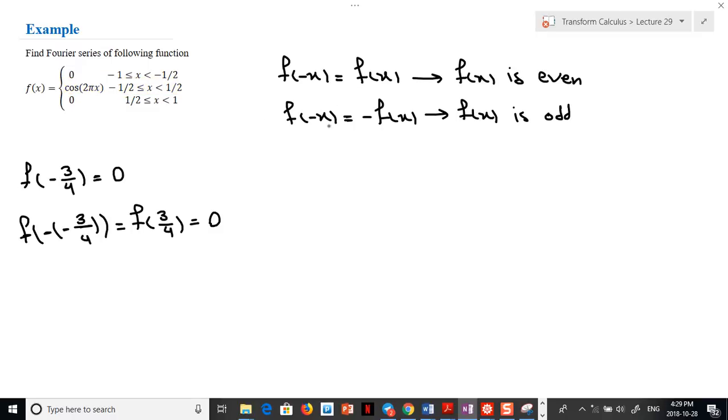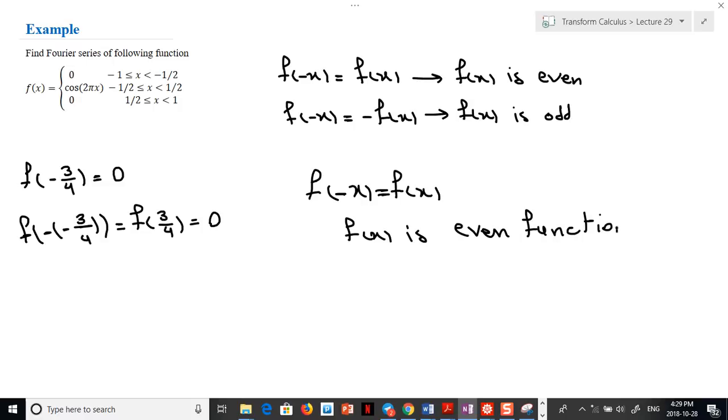As a result, we can say that for this function f(minus x) is always equal to f(x), so it means that f(x) is an even function.